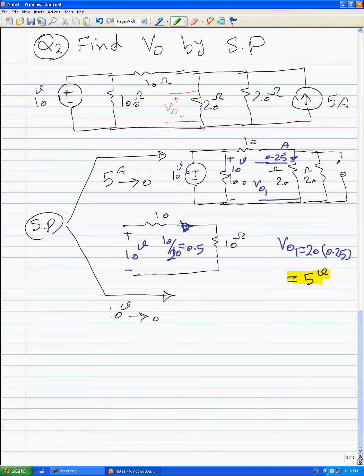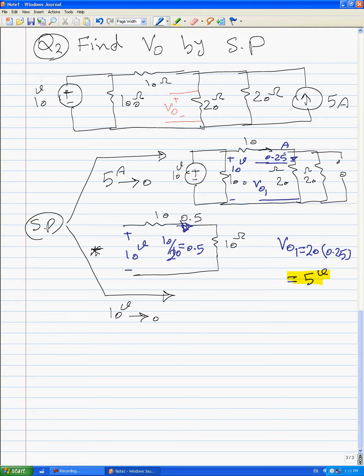Okay, to clarify, in the first part of superposition, we put an open circuit instead of 5 amps and simplified the circuit to this circuit. And by using Ohm's law, we found this current is equal to 10 divided by 20. This current is equal to 0.5 amps.